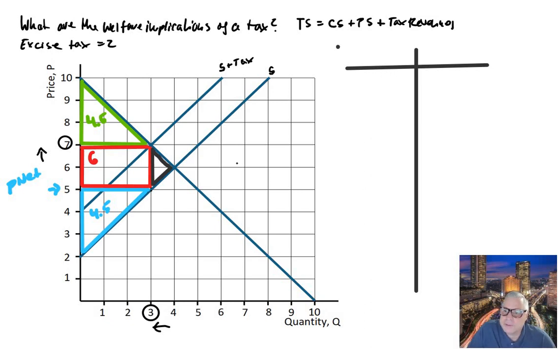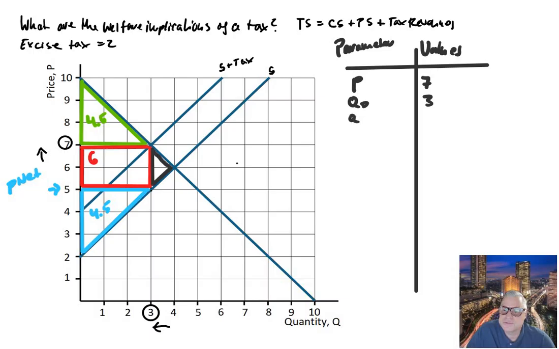Okay, so we have our parameters and the values. Okay, so the price, the new price with the tax is 7. The quantity, at the price of 7, quantity demanded is 3.